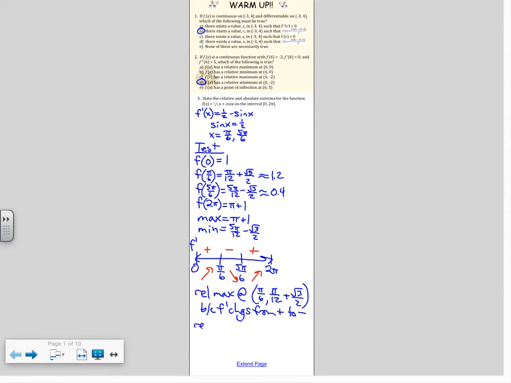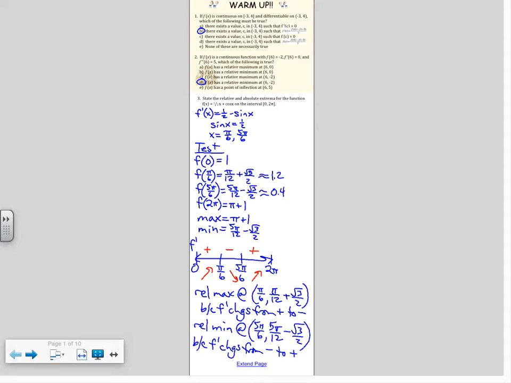And we have a rel min at 5 pi 6, and the y value would be 5 pi 12ths minus root 3 over 2, because f prime changes from negative to positive.